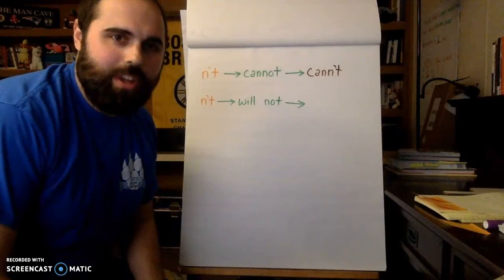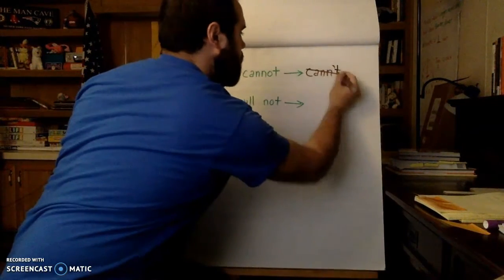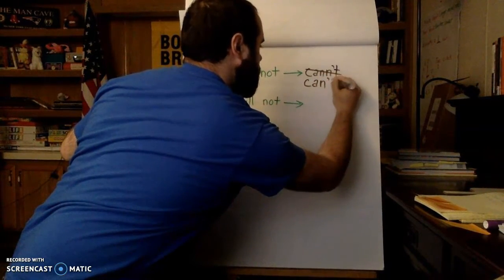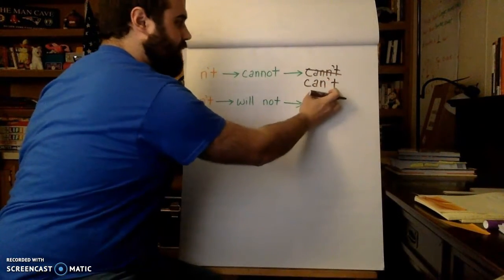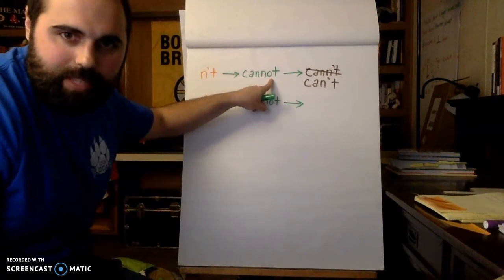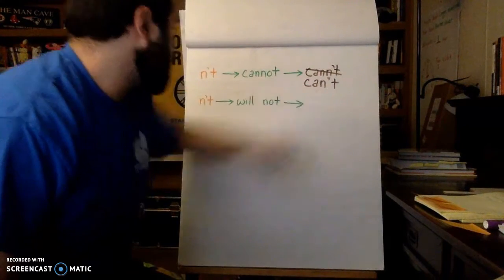Cannot, we would want the word can't. Not quite how we spell it. We spell it this way. Can apostrophe t. So the spelling rules kind of differ for this one. So we're not doing the double n. It's just can apostrophe t.